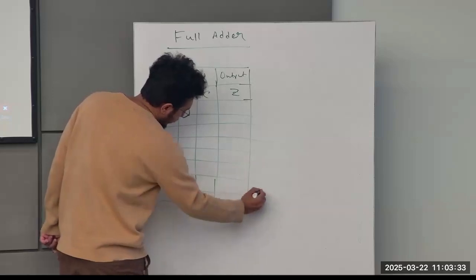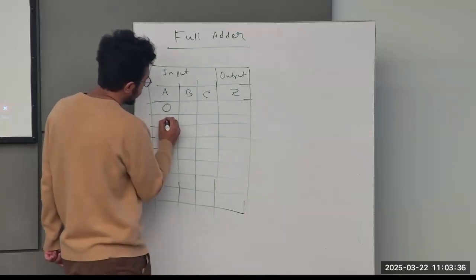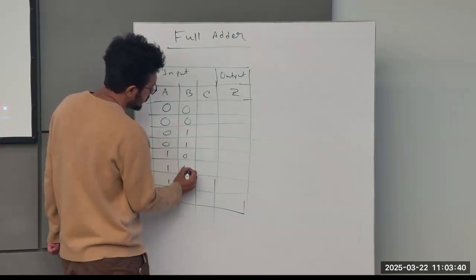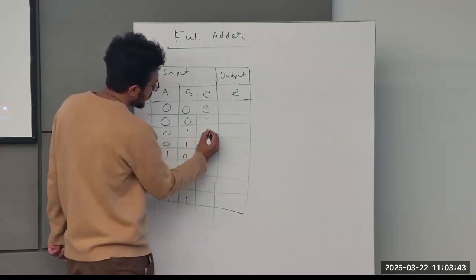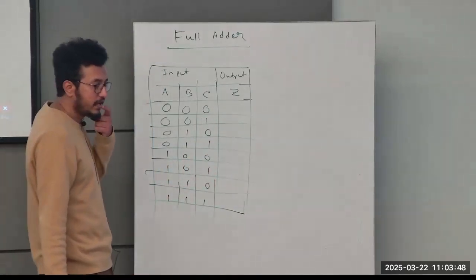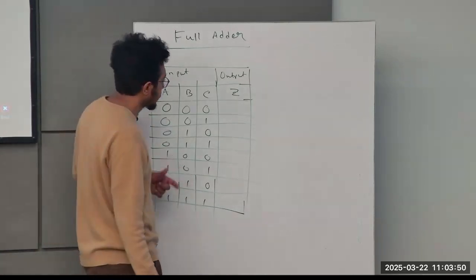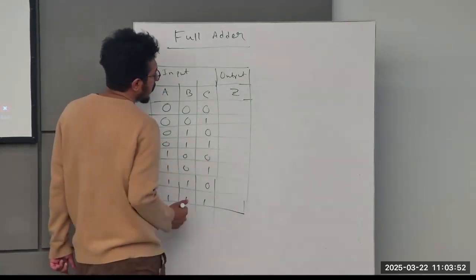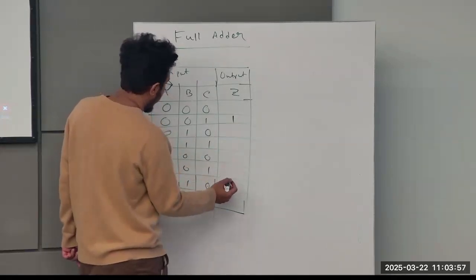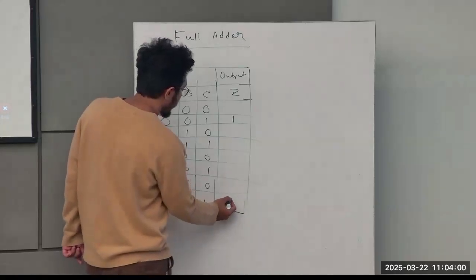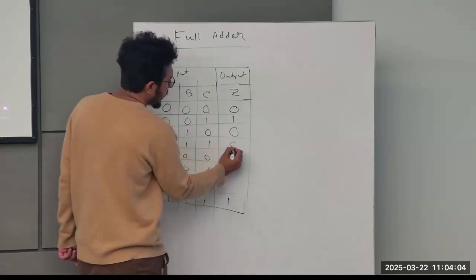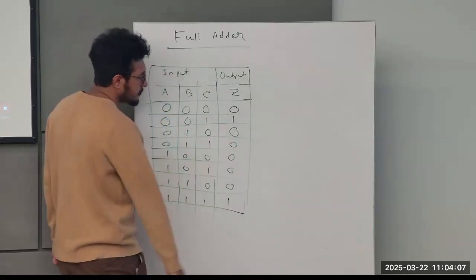So we have all the input combinations. Now let's say our output only goes 1 here, and let's say it goes 1 here. In all other cases it becomes 0.